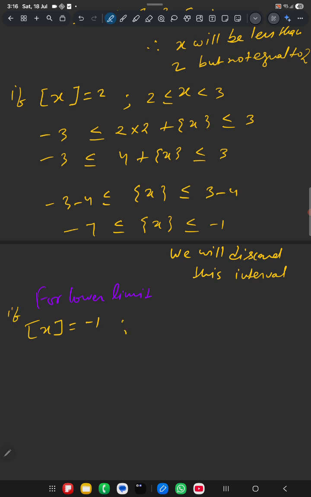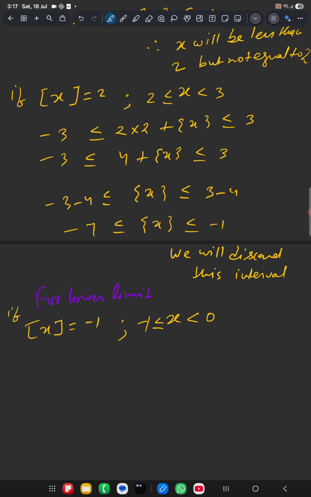So in this case x will be lying between minus 1 and 0. Suppose you are getting minus 0.5, so its greatest lower integer is minus 1. So this is the interval.